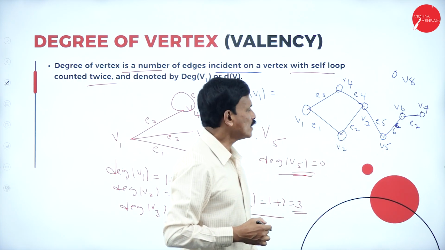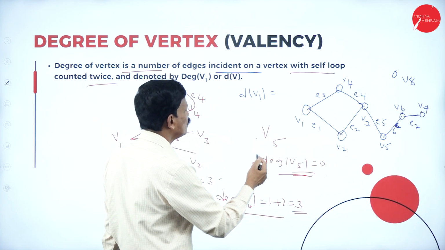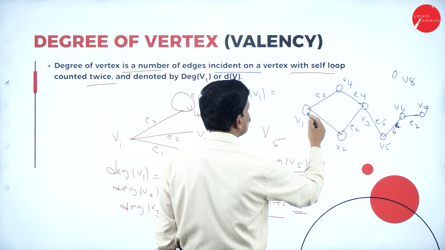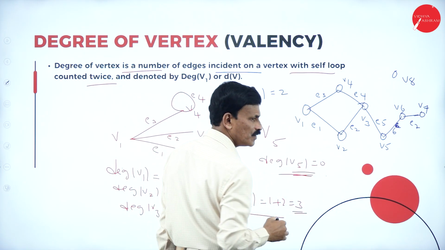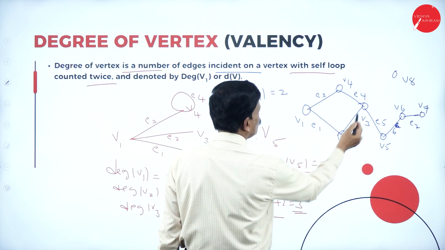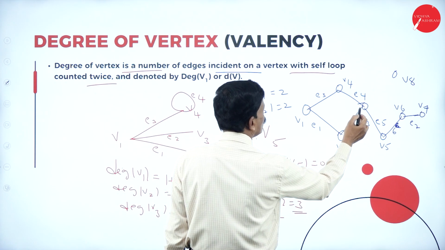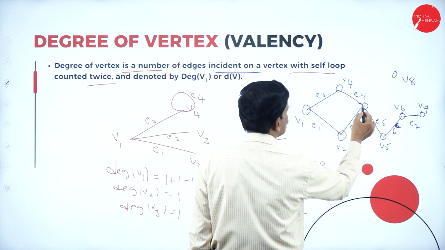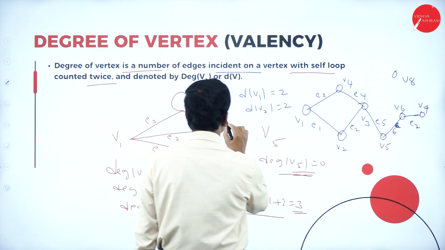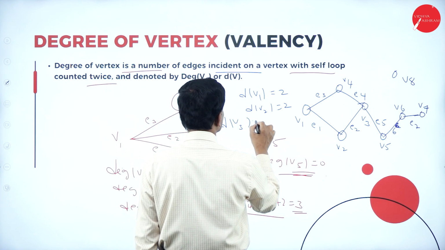Now, what is the degree of V1? The degree of V1 is 1. The degree of V2 is 2. Whereas the degree of V3 is 1, 2 and 3. Degree of V3 is equal to 3.